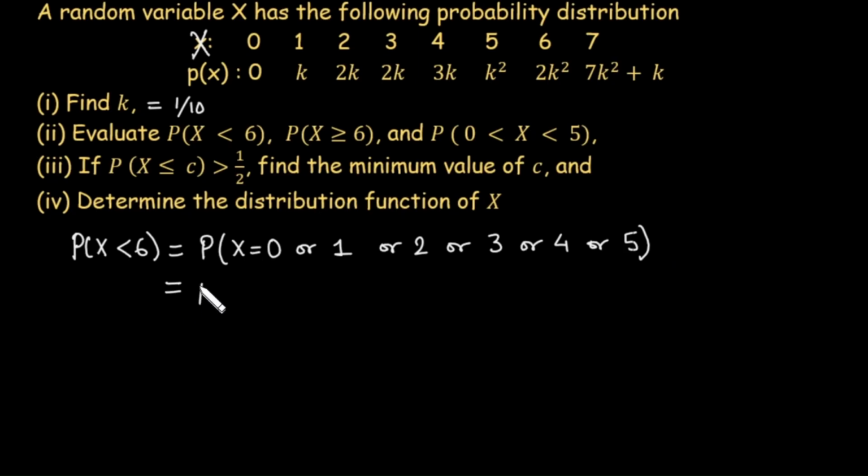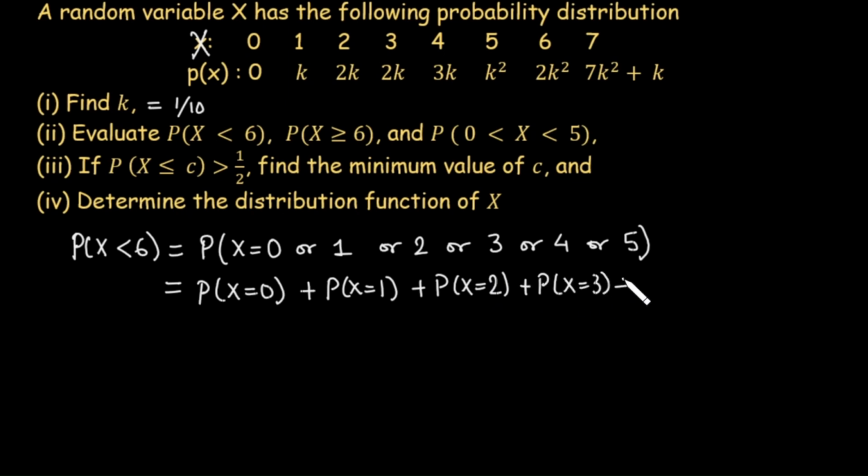This is equal to probability when x is equal to 0 plus probability when x is equal to 1 plus probability when x is equal to 2 plus probability when x is equal to 3 plus probability when x is equal to 4 plus probability when x is equal to 5.